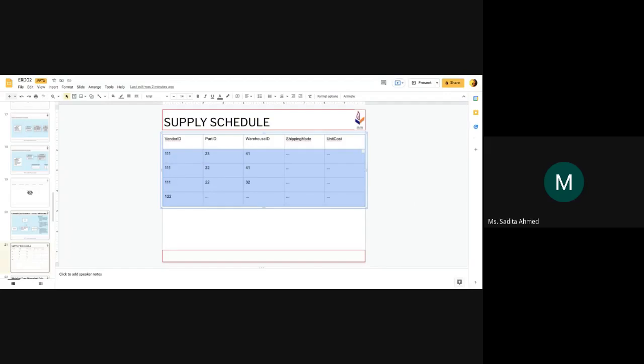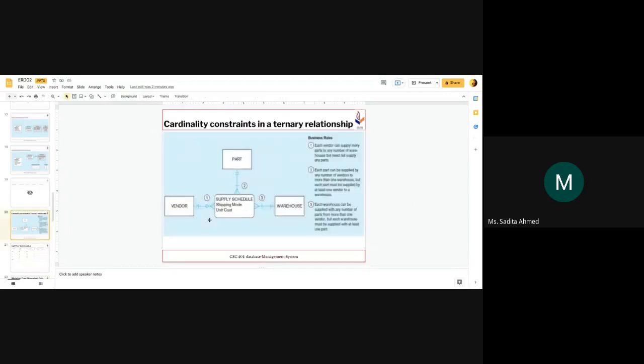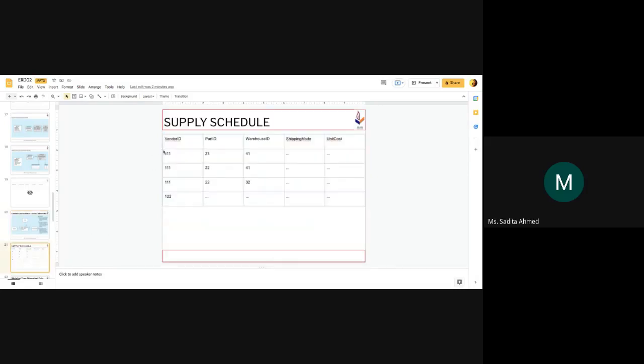And also at the same time a single vendor could be there in multiple rows, okay, that's why you have optional many. Optional many represents this. That is, a vendor could exist who is not associated with any supply schedule instance, it could be. And a single vendor can be associated with multiple supply schedules, that is, it could be there in multiple rows.